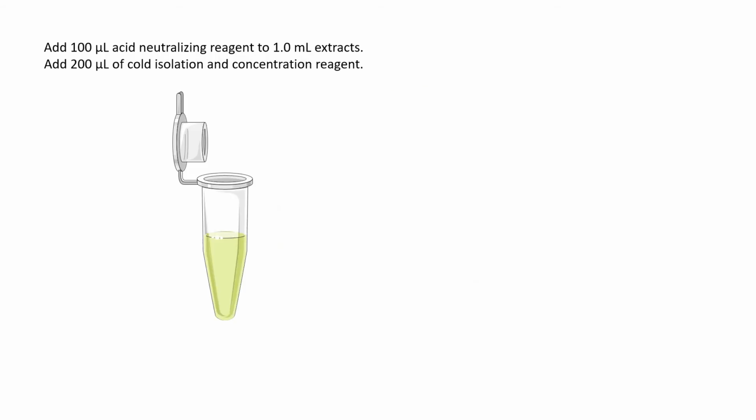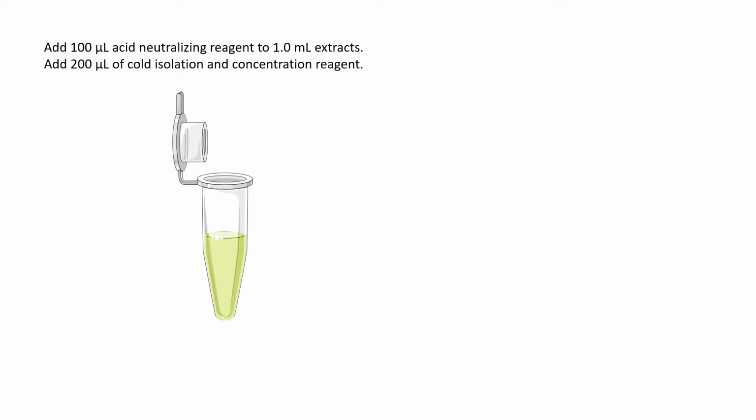So the next day, next we're going to add 100 microliter of acid neutralizing reagent to every 1 ml of extract, as well as add 200 microliter of cold isolation and concentration reagent. The reason for doing this, as the name implies, is to neutralize the chemical reaction process.